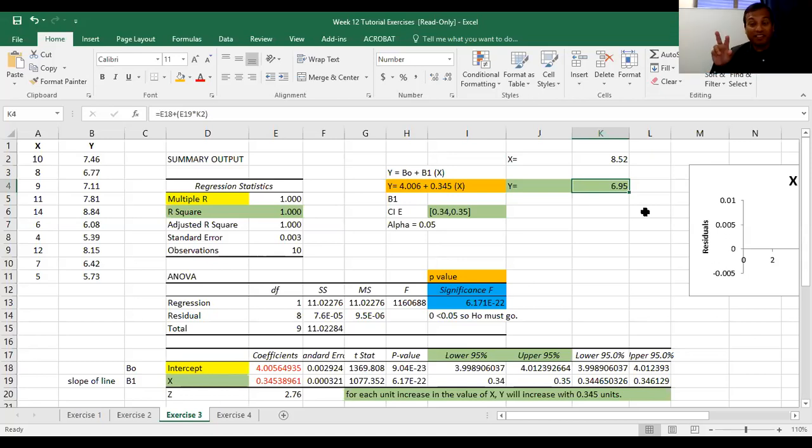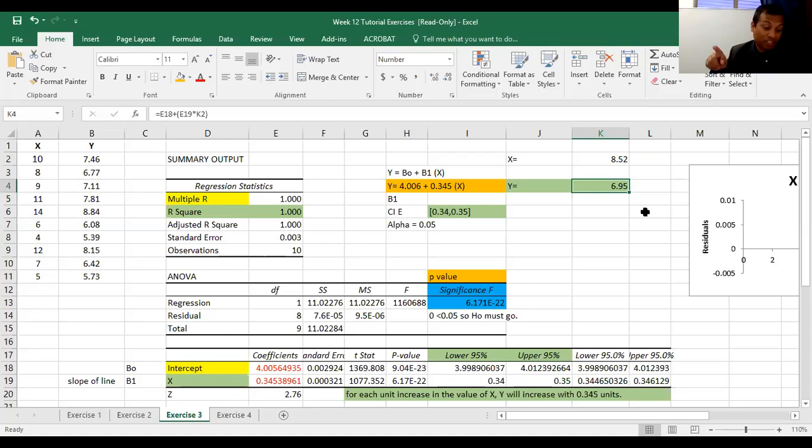So we have seen two different ways of checking validity or reliability. But there is a third way to do that, and that is the residual plot.